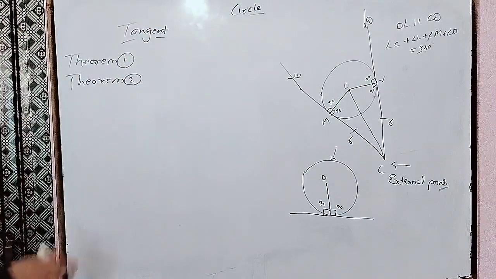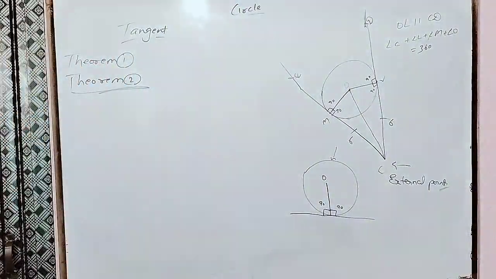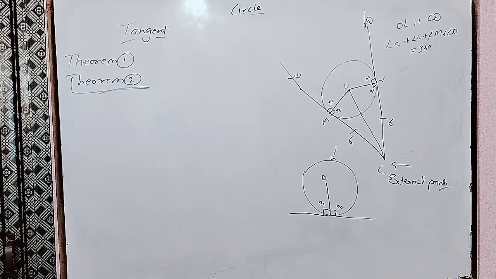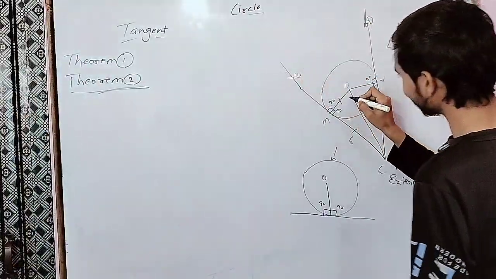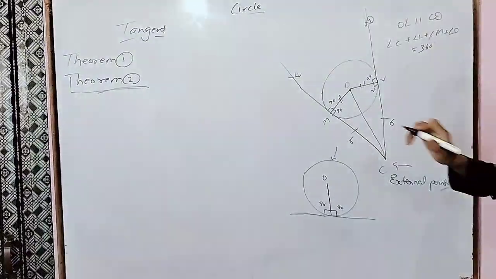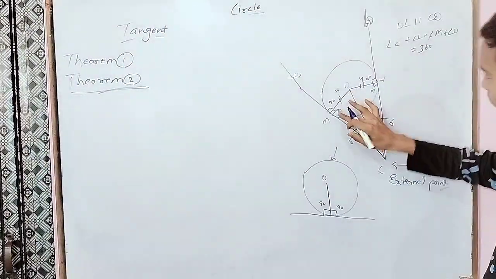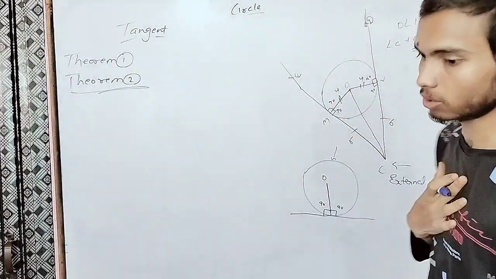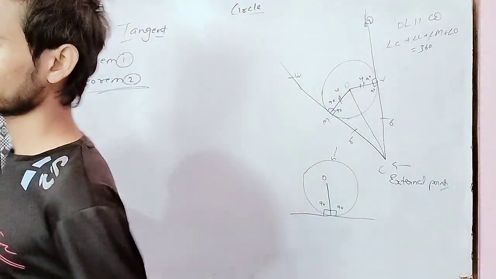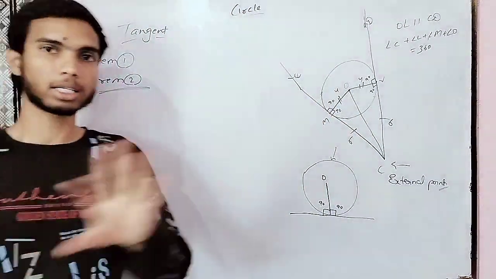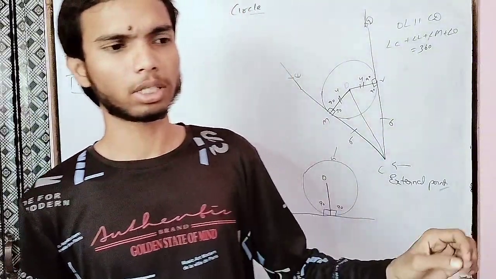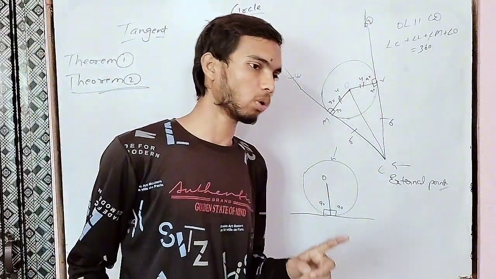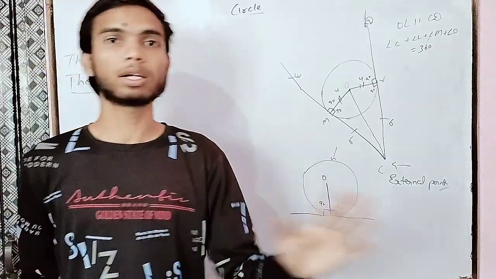And we already know this radius is 4, so this will be 4, because both are radii, and all radii of a circle are equal to each other. The distance from the center to any point on the circle is equidistant.